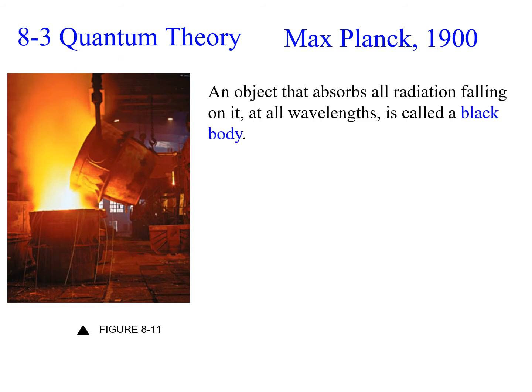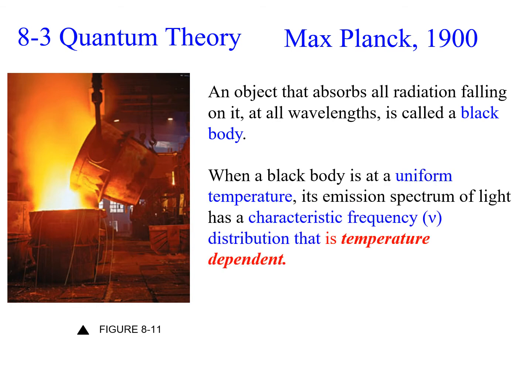And so let's understand first of all that an object that absorbs all radiation falling on it at all wavelengths is called a black body. Okay, just for definition purposes. So something that absorbs all light at all wavelengths. Well, when a black body is at a uniform temperature, the same temperature, isothermal, its emission spectrum of light has a characteristic frequency, and this is very important.